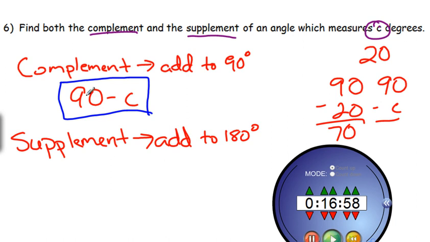So instead of saying 90 minus c, now we can just say 180 minus c. Whatever this angle is, we take it away from 180, and that's the supplement. That's the angle that goes with it that'll make it add up to 180.